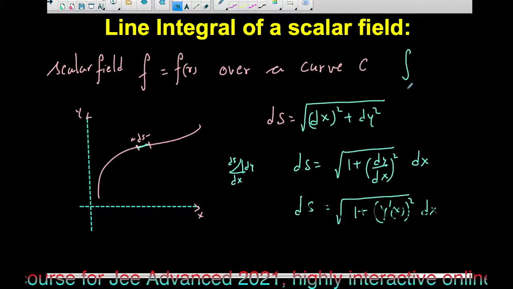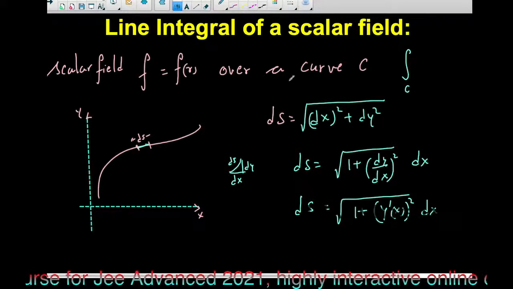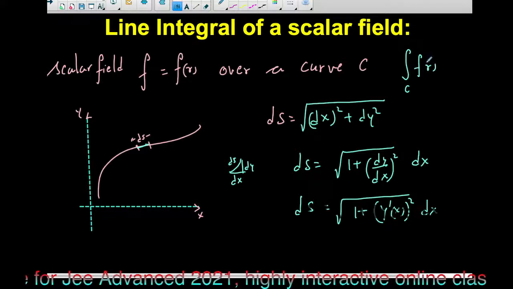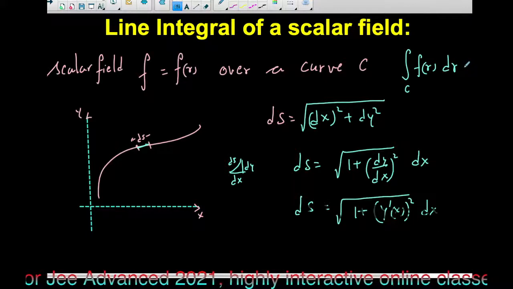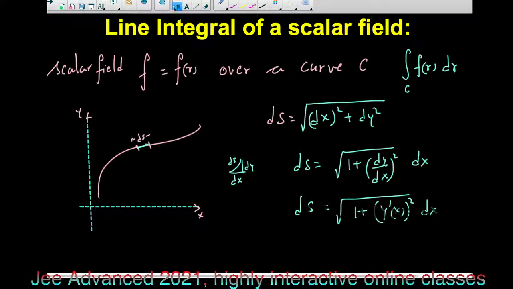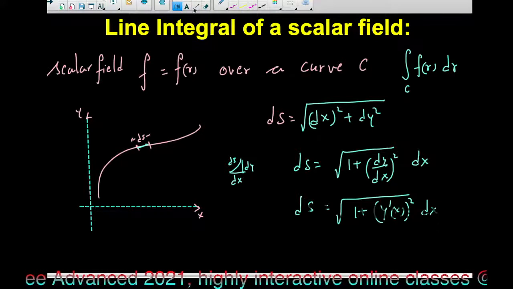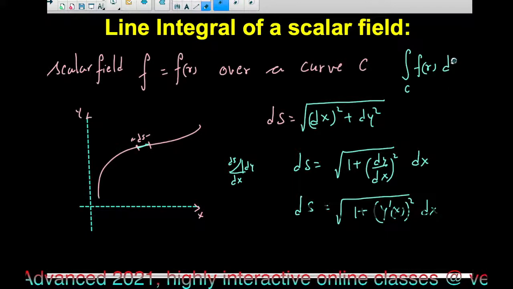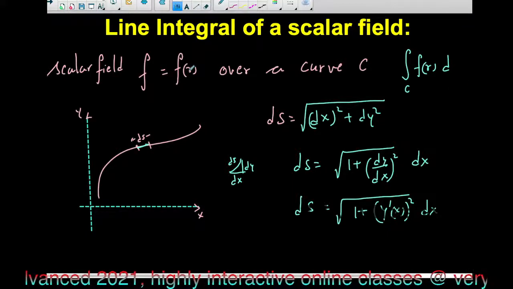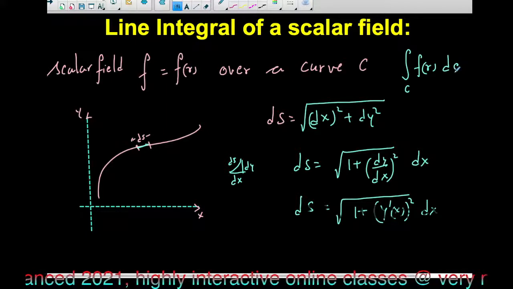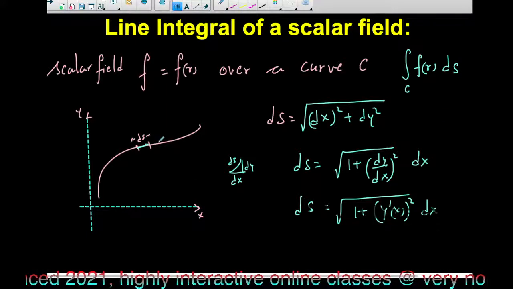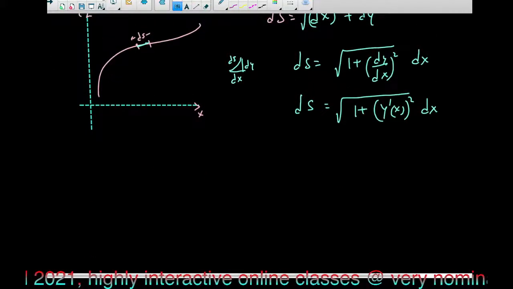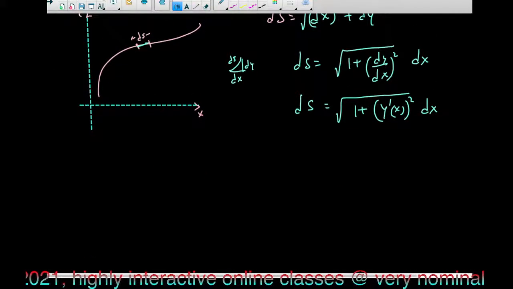So if we go for the integral, we have to find the line integral along this curve, where the direction of the curve is counterclockwise. You say f of r dr, but instead of dr you can say over here ds, that is f of r ds, as we have considered f of r. r is any position, any point along this function.